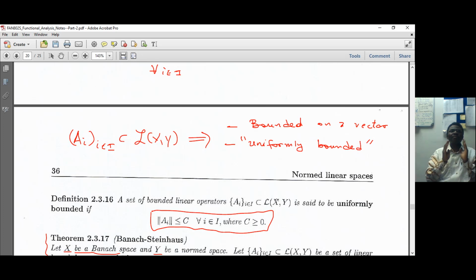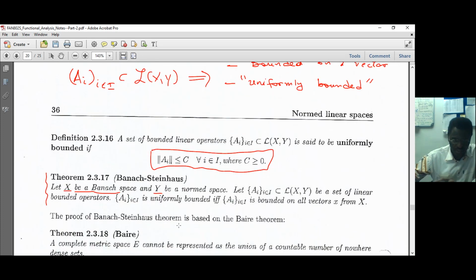So if I want to show that a family like this is uniformly bounded, what do I need to prove? That's Banach-Steinhaus.